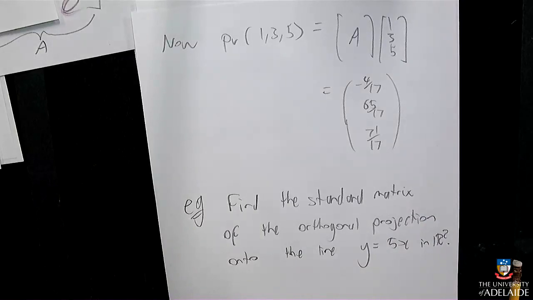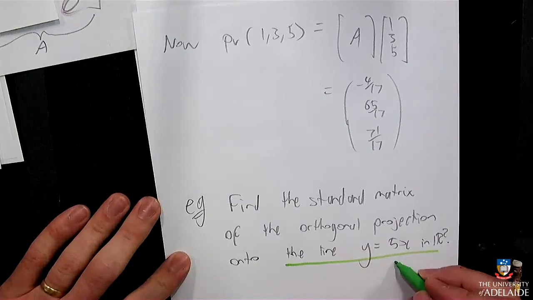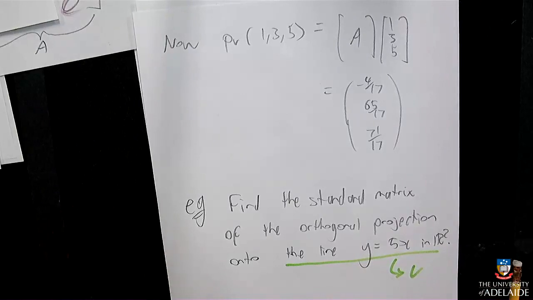Okay, so we're seeing orthogonal projection as not of any particular vector, but of all the vectors simultaneously. And an orthogonal projection requires us to have a subspace to project onto, and this is the subspace we're projecting onto. That's the subspace I want. And we're going to need to find a standard matrix for that.